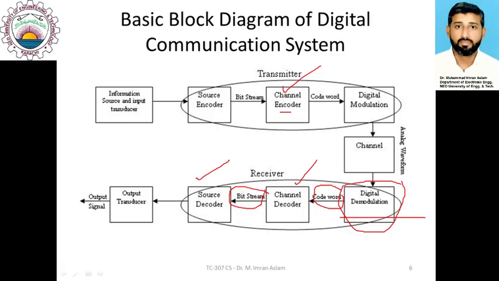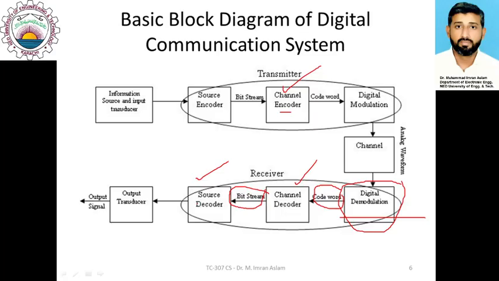The source decoder reverses the process that the source encoder incorporated, because it tried to reduce the redundancies in the information. So the source decoder will reinsert those redundancies and recover the original information which was transmitted from the transmitter side.